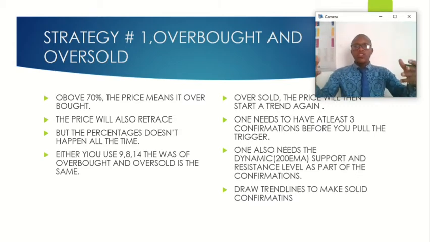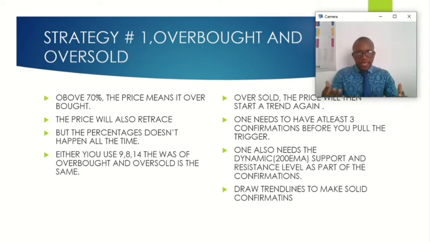Can we explain deeper on the overbought and the oversold levels? Most of the time we say the market is overbought because it's above 70%. That's when we say the market is overbought.